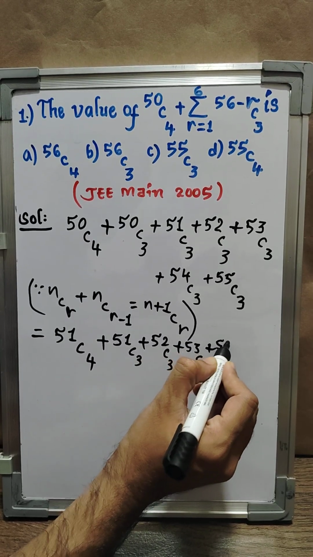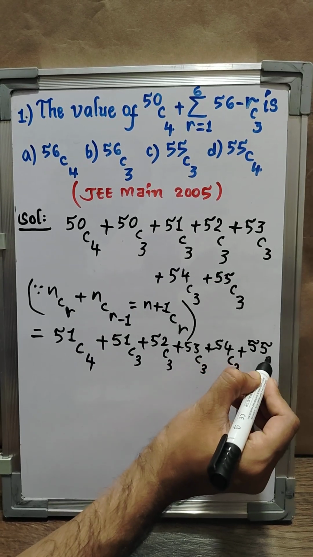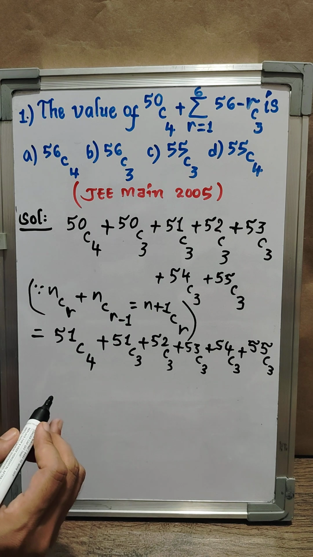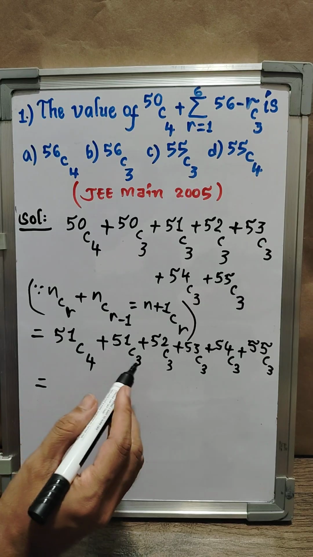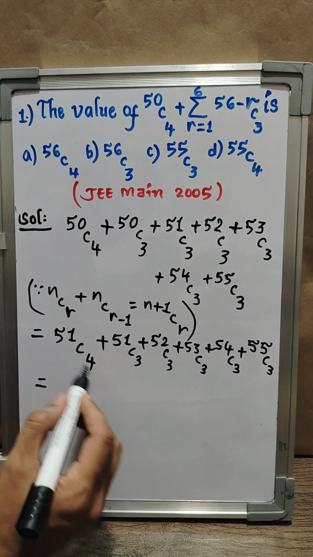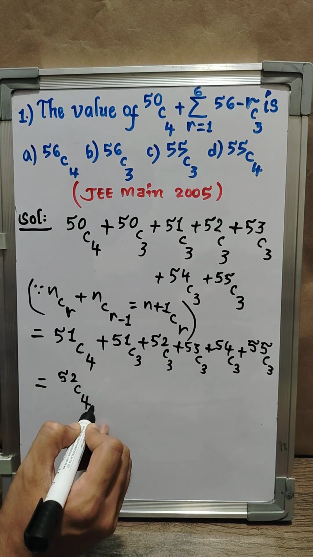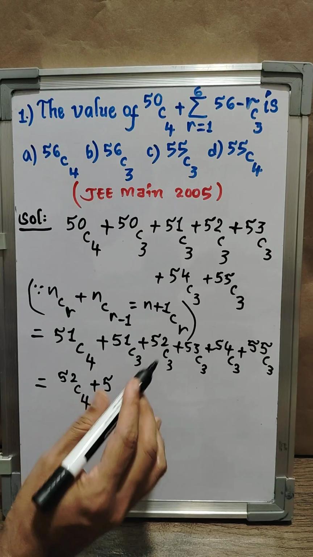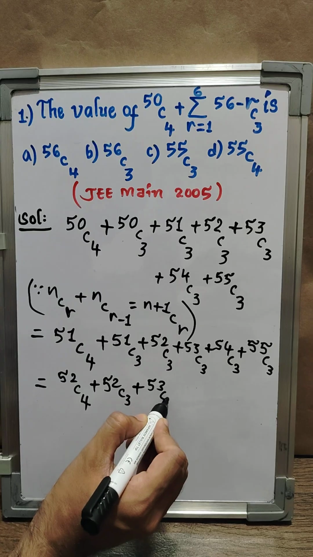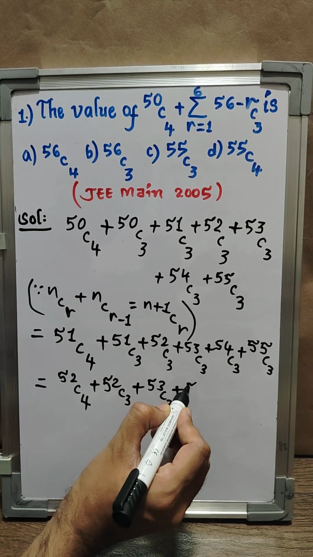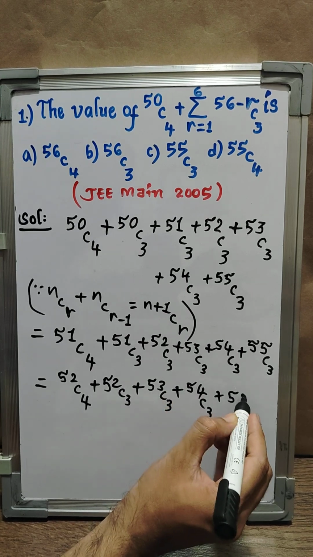plus 54C3 plus 55C3. Then, writing the first two terms using NCR plus NCR minus 1 is N plus 1 CR, we get 52C4 plus, next term is 52C3 plus 53C3 plus 54C3 plus 55C3.